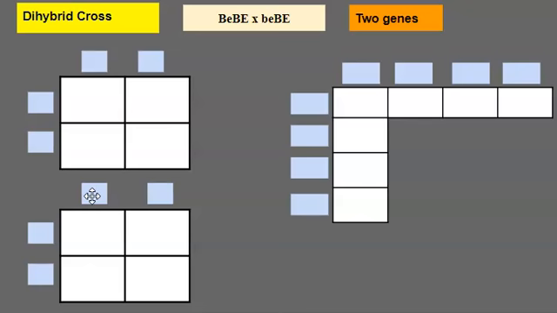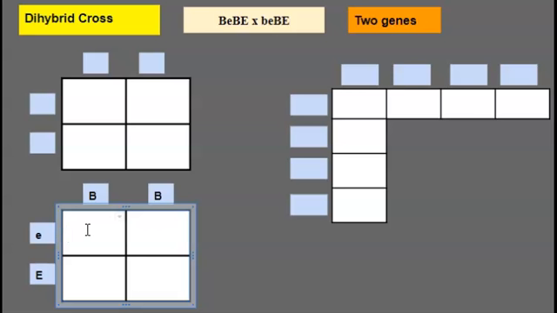I'm going to put my B's on top, so I have big B here and big B here, and on the side I have little e and then big E, and now I can put those in my Punnett square.